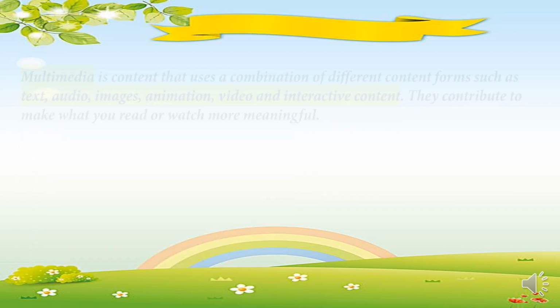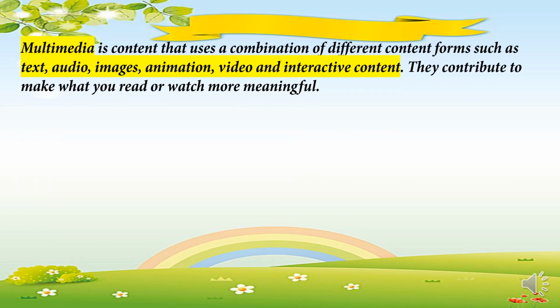So let's find out as we discuss multimedia. Multimedia is a content that uses a combination of different content forms such as text, audio, images, animation, video, and interactive content. They contribute to make what you read or watch more meaningful.